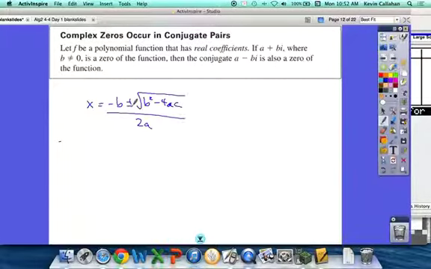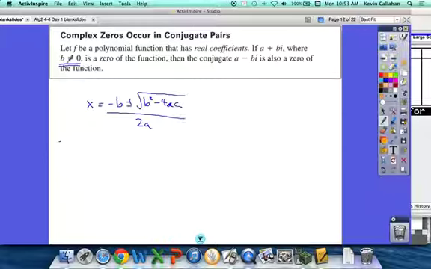So if we ever get a plus bi as a zero, which is a complex number, you're always going to get the conjugate. Although, we ought to say imaginary, and they say that here, where b does not equal 0. So it definitely means you've got an i term.